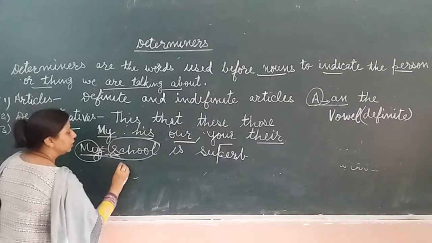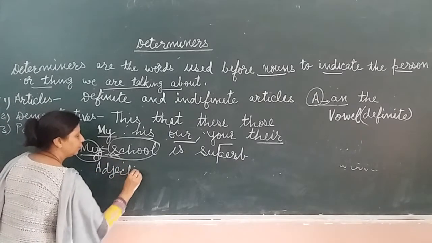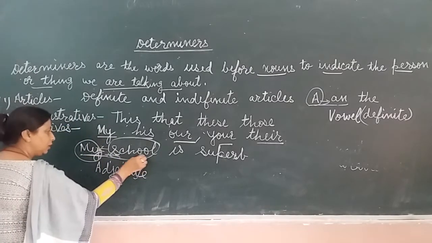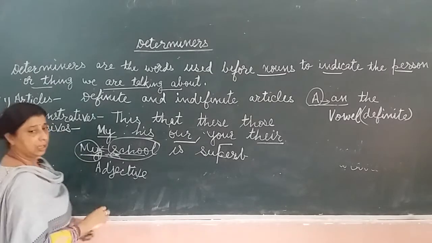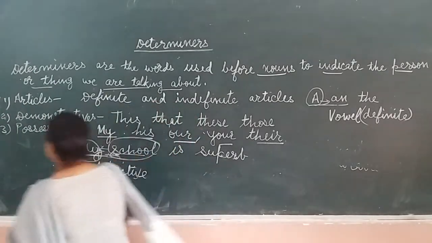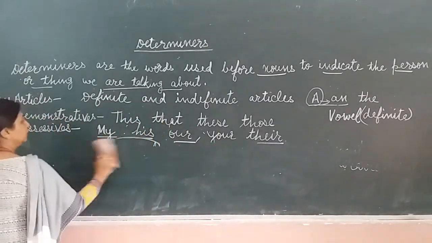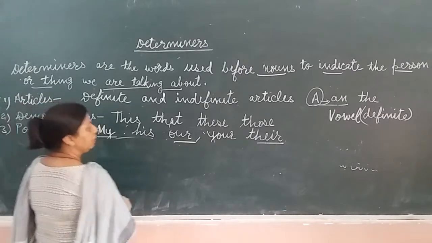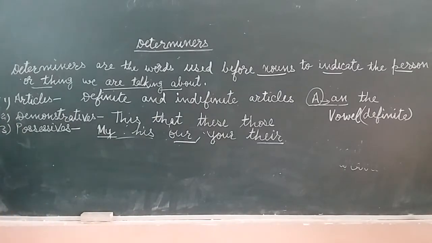That's why it is used as an adjective. It is telling something about school, showing some emphatic reaction or style over the school. In the same way, we can use all these in our sentences.